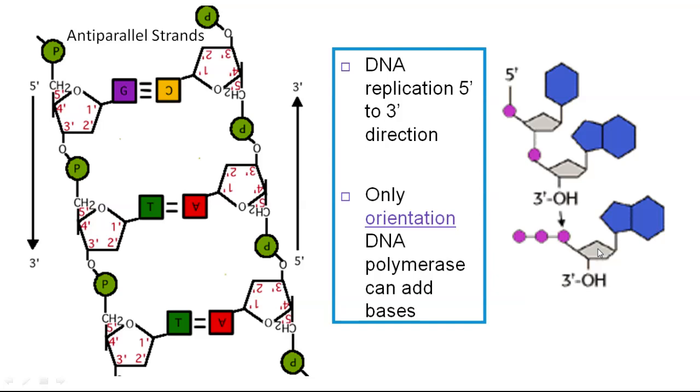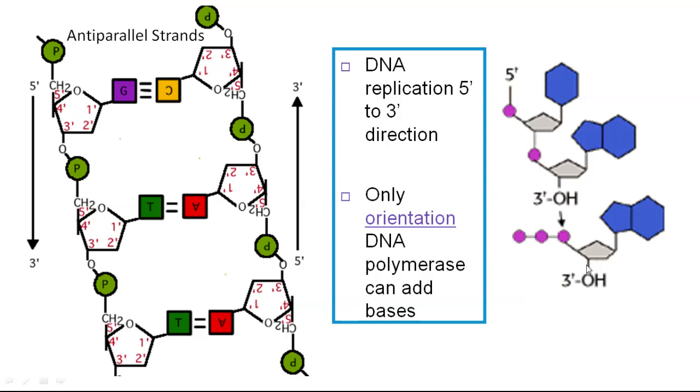Okay, and that's how we're going to put this new strand on. So if you are this enzyme, DNA polymerase, the only way you can build is if you attach right here. That's why we say it's in the 5' to 3' direction, because the new nucleotide right down here is going to be, you can't really see the 5', but the 5' would be here, and the 3' would be here.